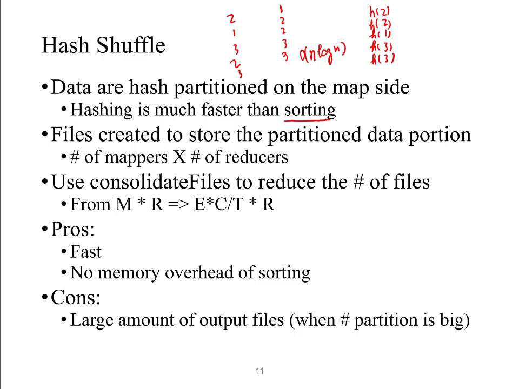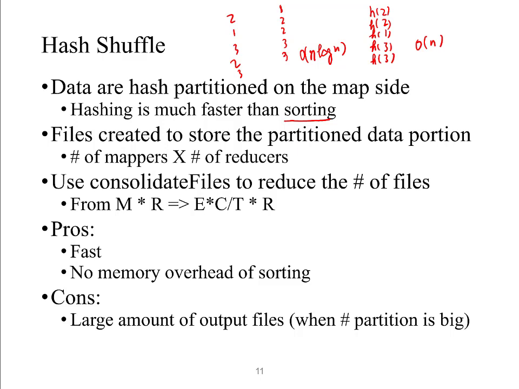So in this case, we can also distinguish them, but the time cost of hashing is big O of n, because each hash operation has time complexity big O of 1. These are the good things about hash shuffle.